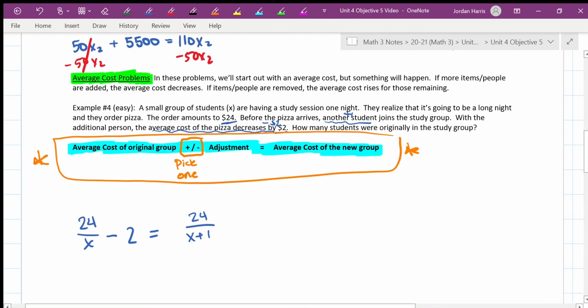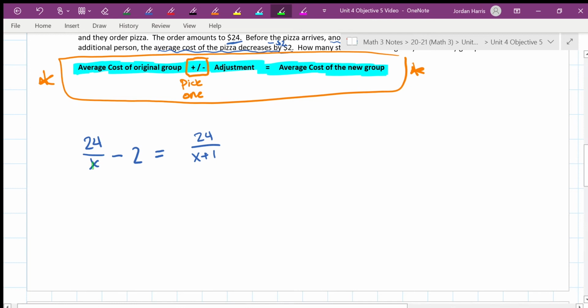Okay, and so then we're going to follow our techniques we've been learning. We look at our denominators. Notice this question is the harder question. X plus 1 is my LCD. X and X plus 1 are my two factors that I have to look at. So I have to multiply everything by that LCD.